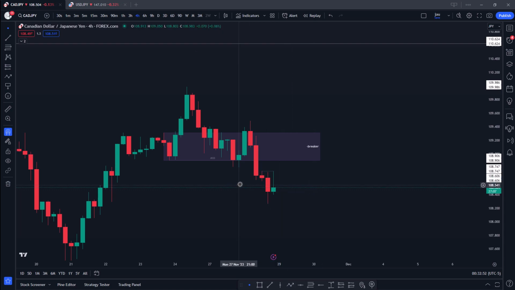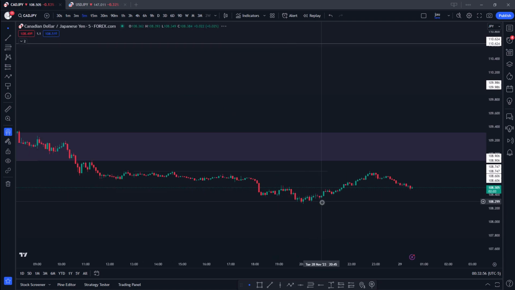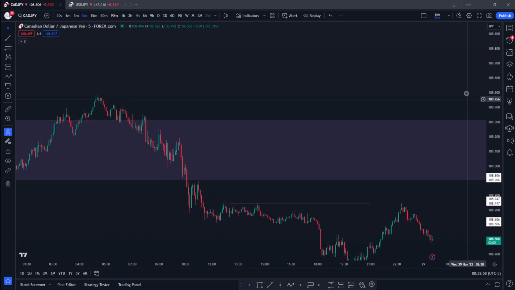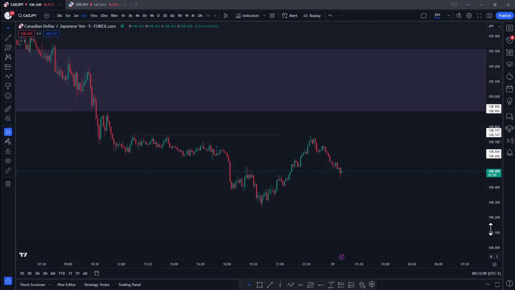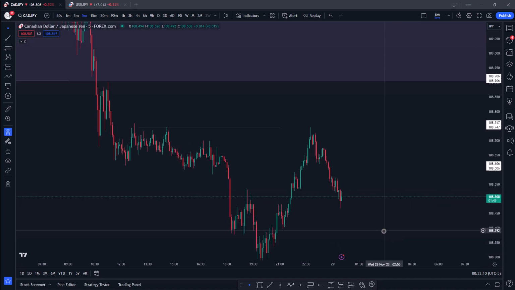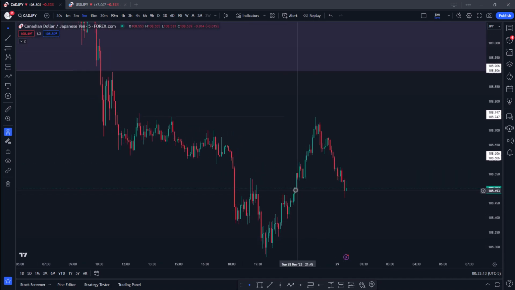Let's delete that and shift to a 5 minute chart, and we can see it's basically this buy side liquidity here. So if you can find an opportunity on a 1 minute chart, an entry of some sort, maybe from here even, that could take price higher to clear these highs.